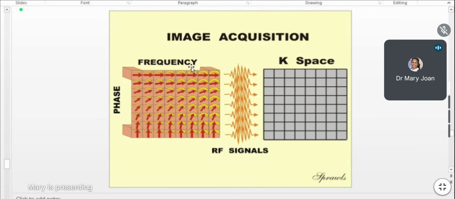The frequency and phase with respect to the RF signal, each of this will be stored in each of the matrix spaces in the K space.